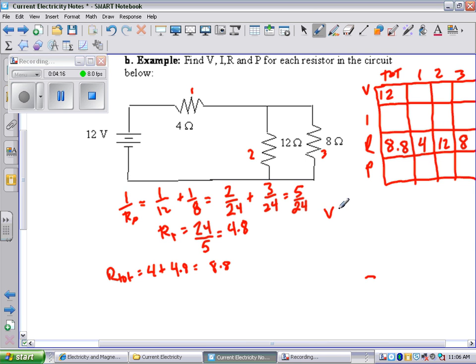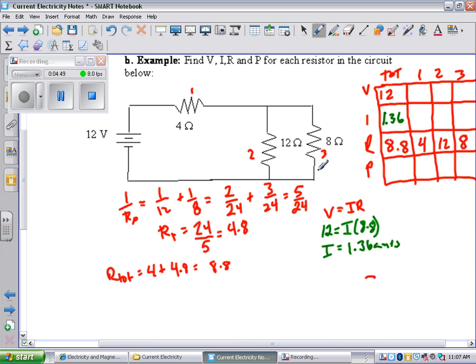So I'm going to put 12 volts for my total voltage equals I times 8.8. To solve for I, I divide by 8.8, and I end up with a current of 1.36 amps. So I'm going to put that in here for I total, 1.36.